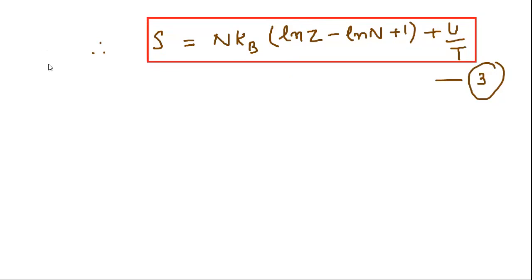Let me get my pen back and check this equation. S is equal to N KB times ln Z minus ln N plus 1 plus U by T. Now this result is valid for any Maxwell-Boltzmann gas. Remember, in this proof, we haven't made any specific assumptions with regard to the nature of the gas.